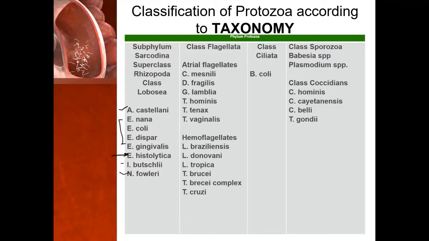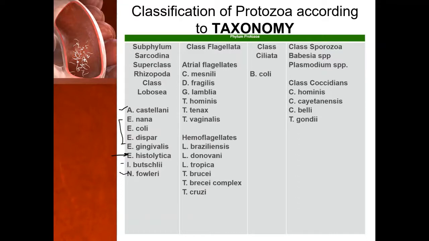And for the hemoflagellates, we have the Leishmania species. Under that, we have the braziliensis, donovani, and tropica, as well as the Trypanosoma species. We have the brucei complex, and cruzi.